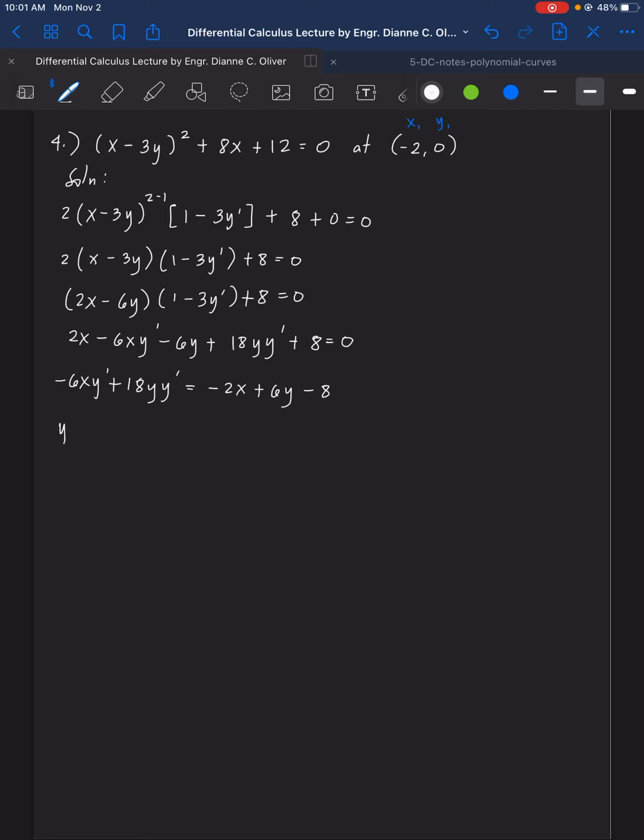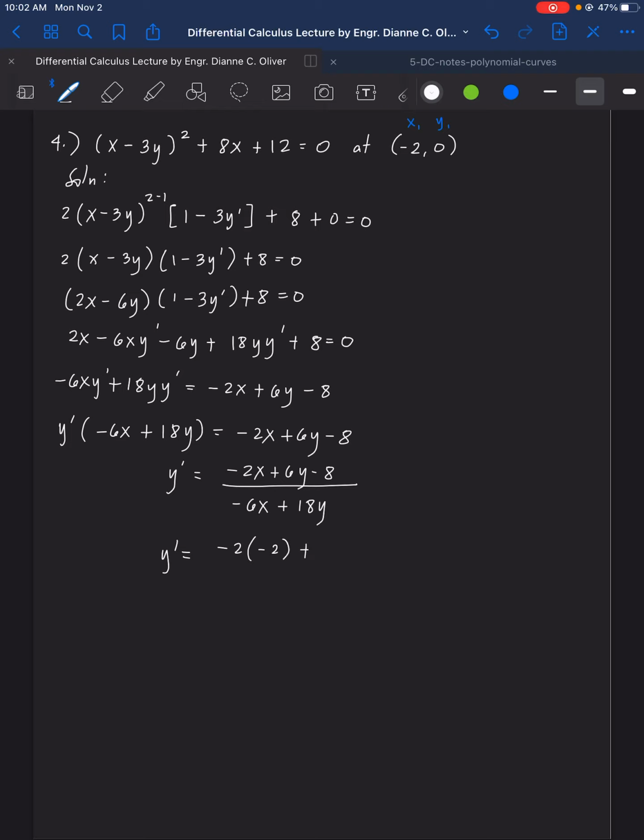Therefore, we have y prime equals negative 2x plus 6y minus 8 all over negative 6x plus 18y. Now, substituting the value of x and y, we have y prime equals negative 2 times the value of x, negative 2, plus 6 times the value of y, 0, minus 8, all over negative 6 times the value of x, negative 2, plus 18 times the value of y.